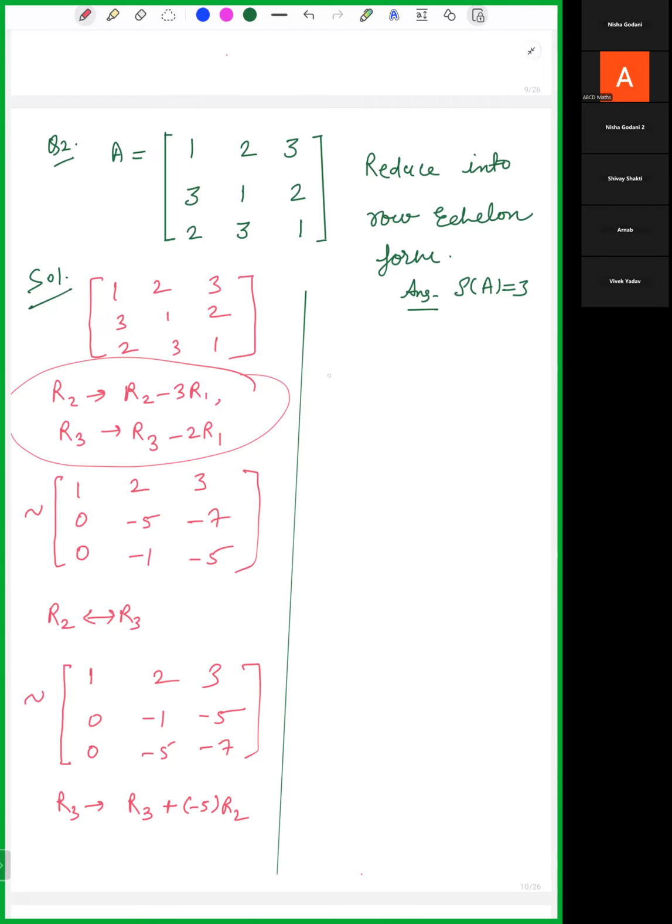So what will it give you? It will give you 1, 2, 3, 0, minus 1, minus 5. And when you multiply by minus 5 in row 2 and add in that, you have here 0, and minus 5 plus 25, and 25 minus 7 is 18. So you have this. Okay. So in this way you have the matrix in row echelon form. Is it okay? What will be the rank here now?